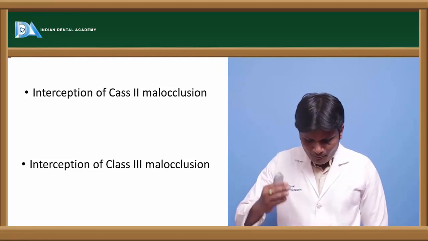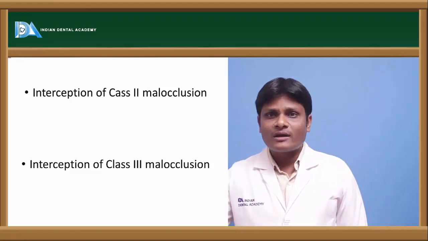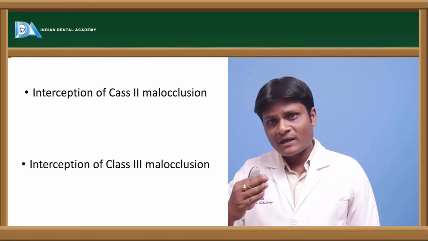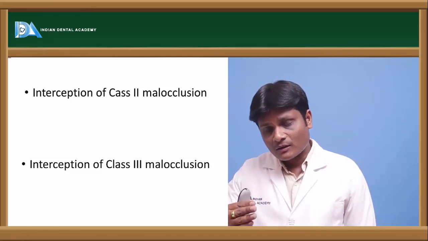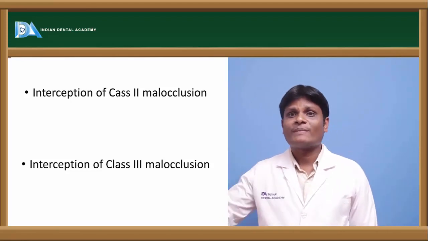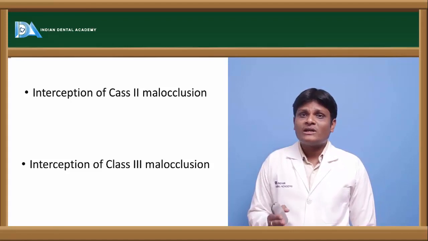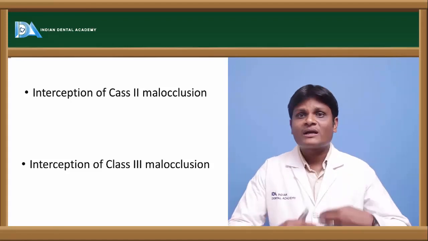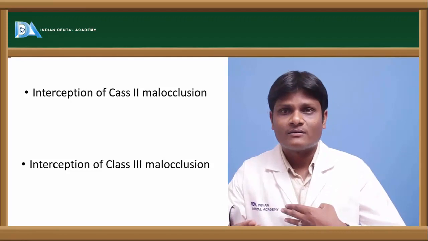That means by appropriately interfering with the abnormal developmental or growth patterns of the maxilla and mandible during the period of growth and development, we can prevent an existing skeletal malocclusion from becoming more aggravated.